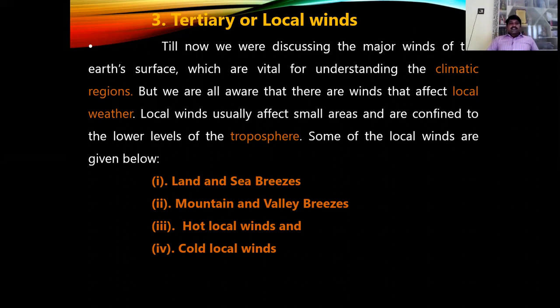Local winds usually affect small areas and are confined to the lower levels of the troposphere. Some of the local winds are even below. They are land and sea breezes, mountain and valley breezes, hot local winds, and cold local winds.